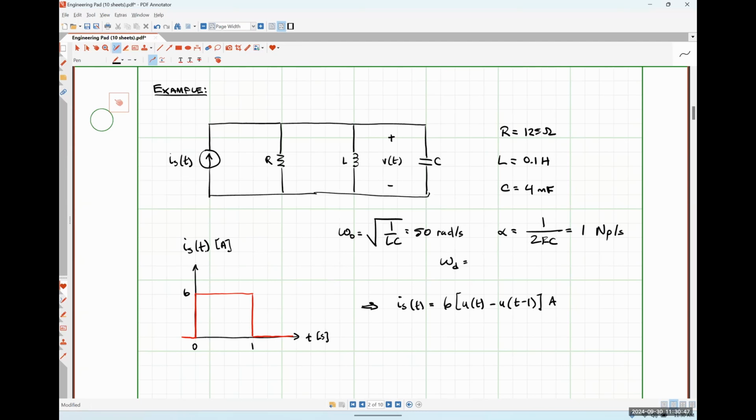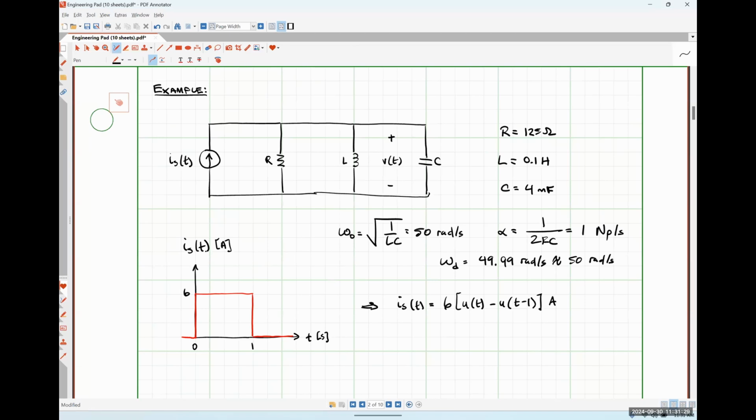So the square root of 50 squared minus 1 is 7 square root of 51, or 49.989 repeating. So let's call it just 49.99 radians per second. So really close to 50 radians per second. Since omega naught is so much larger, that tends to make sense.